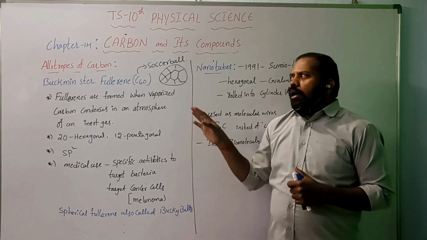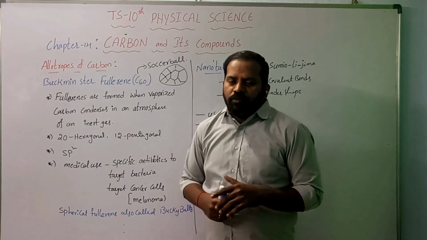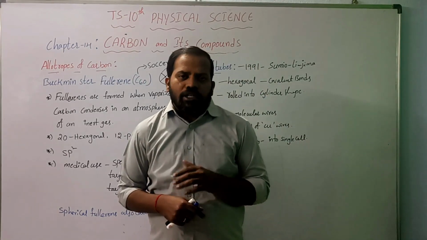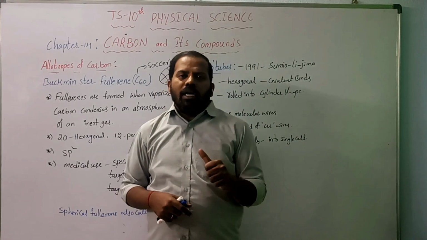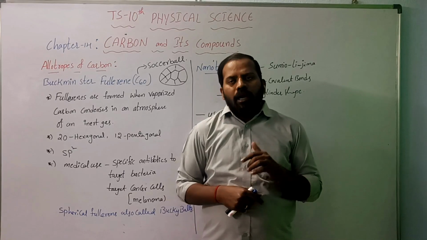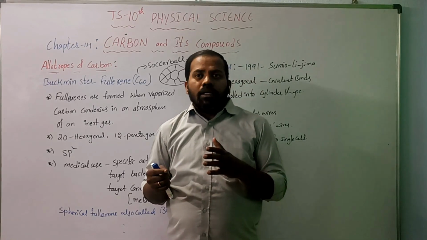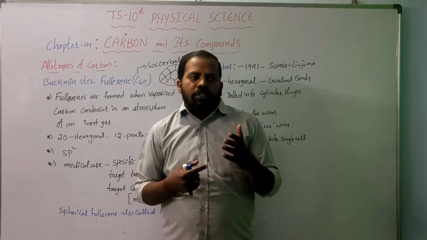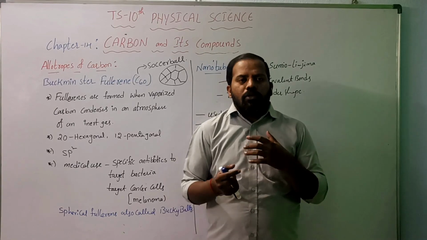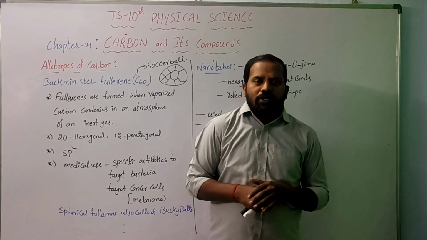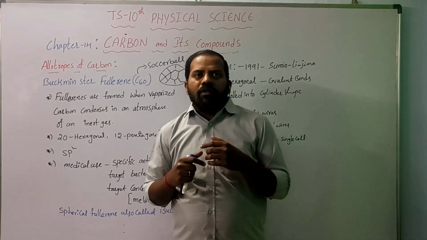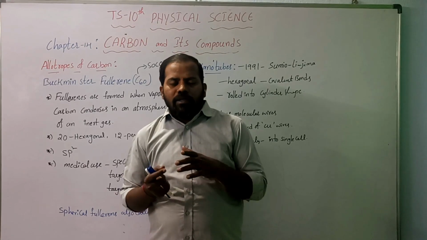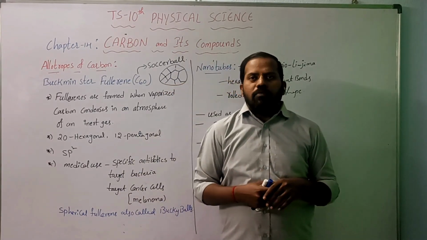These are all allotropic forms of carbon. Allotropic forms of carbon are classified into two types: amorphous and crystalline. Amorphous forms, like coal, do not have a particular geometry. Crystalline forms have a particular geometry, a systematic arrangement of carbon atoms.